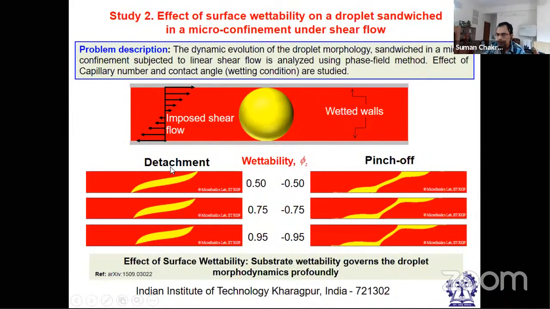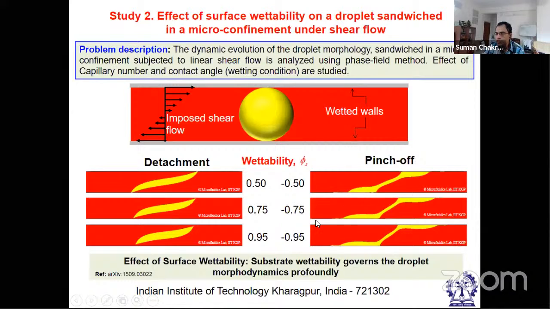Whereas if you have a surface which is not highly wettable, or a hydrophobic surface, the droplet will detach because the droplet phase is not liked by the surface phase.